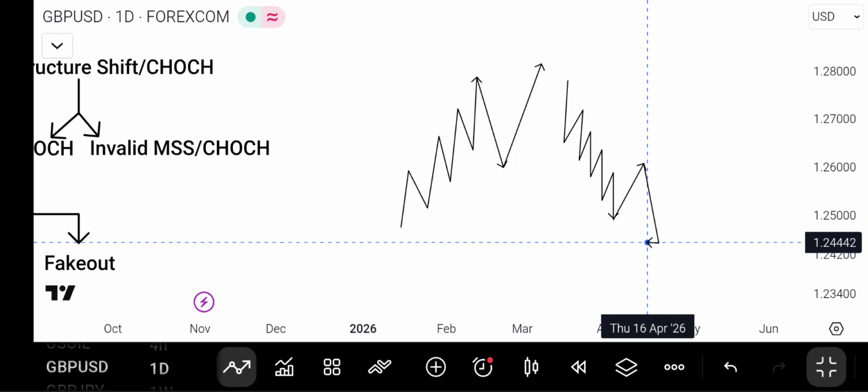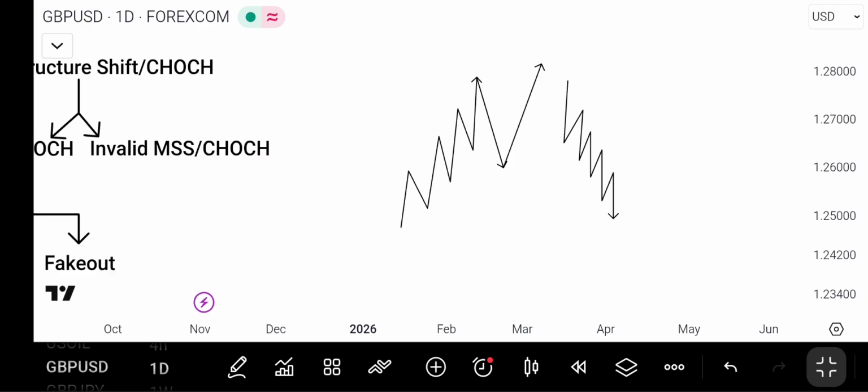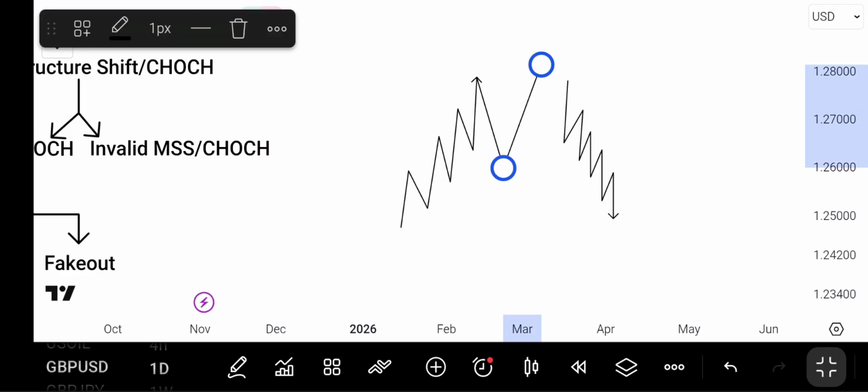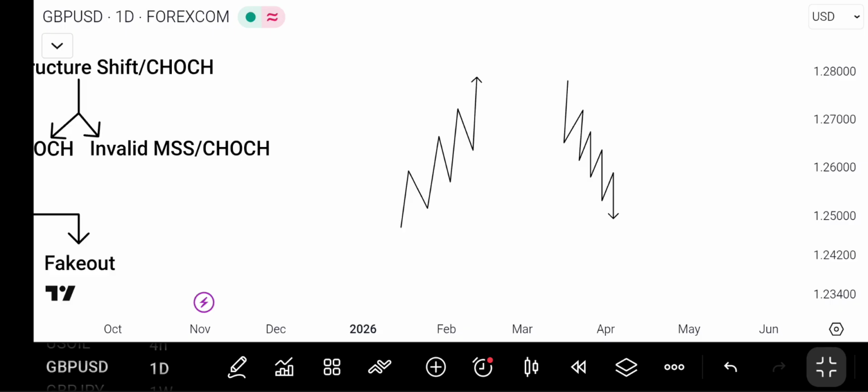How do we know when to actually expect a market structure shift? Now, that is where our directional bias comes in. We've talked about directional bias, and I believe by now you all can spot your directional bias correctly.